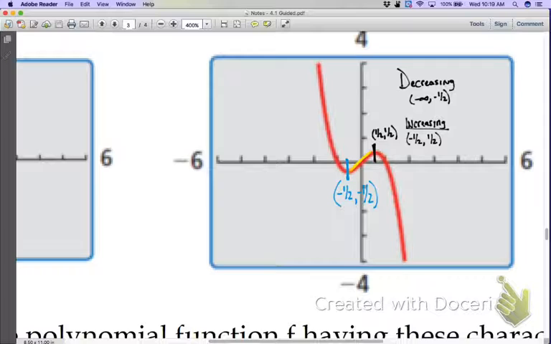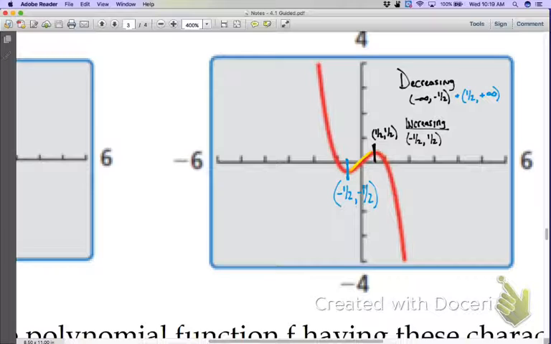So then if it's decreasing, we'll go to our decreasing list right here. What's our next interval? From positive 1/2 to positive infinity. We'll talk about those two values whenever we get deeper into the chapter, because what have we said?